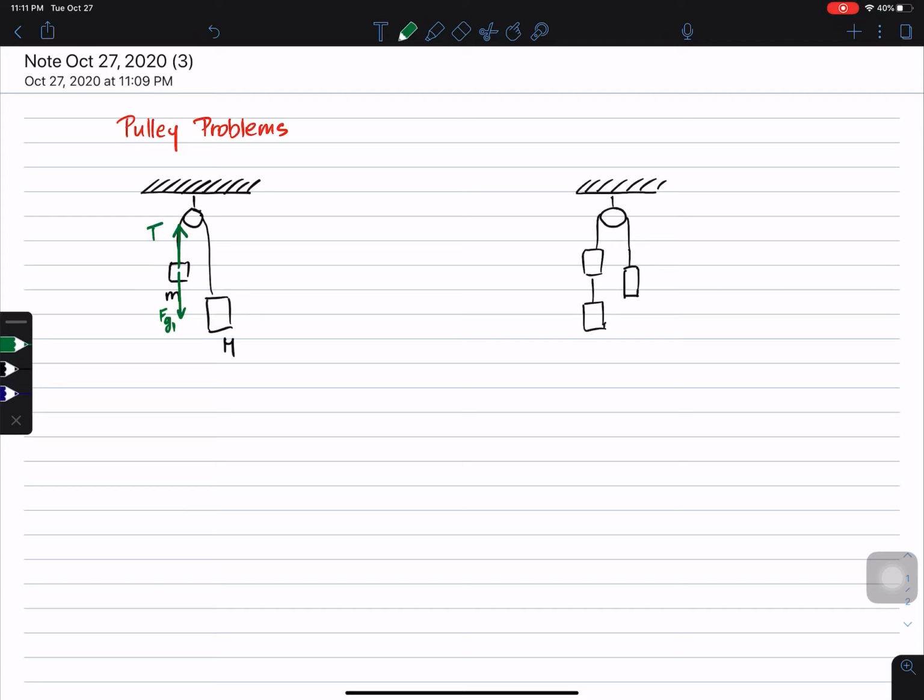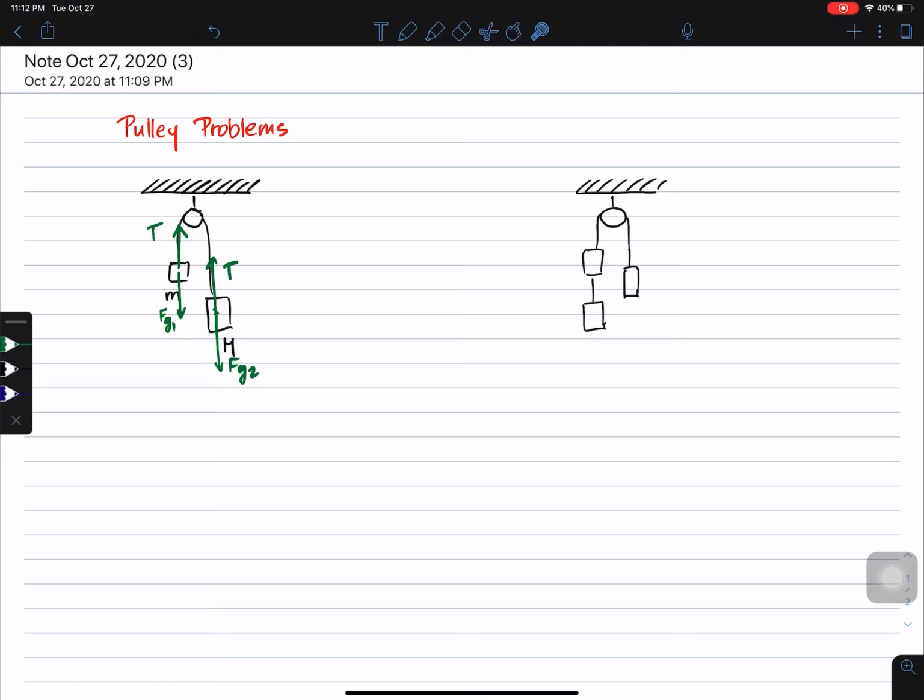Now, object 2, the bigger one, will have also Fg2, right? But there will be also a reaction to this tension, T. So those two tensions in that rope are a classic example of action-reaction. If this object is pulling on this one, this one is pulling back on it. So these two tensions are identical.